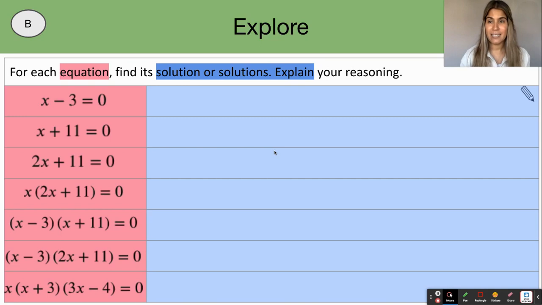Additionally, for this lesson, it says, for each equation, find its solution or solutions, explain your reasoning. Now, the way that this is organized, our multilingual learners might need a little bit more space because remember, they're acquiring language. They sometimes want to express more.